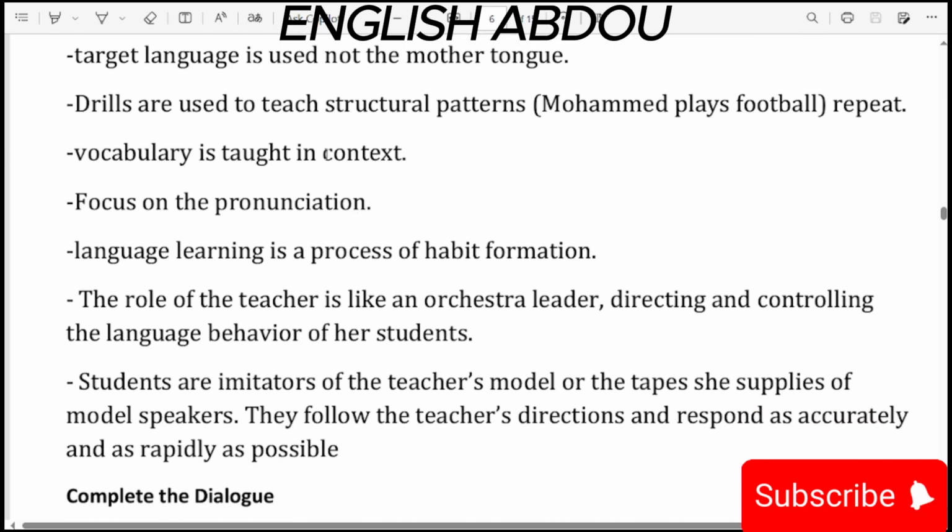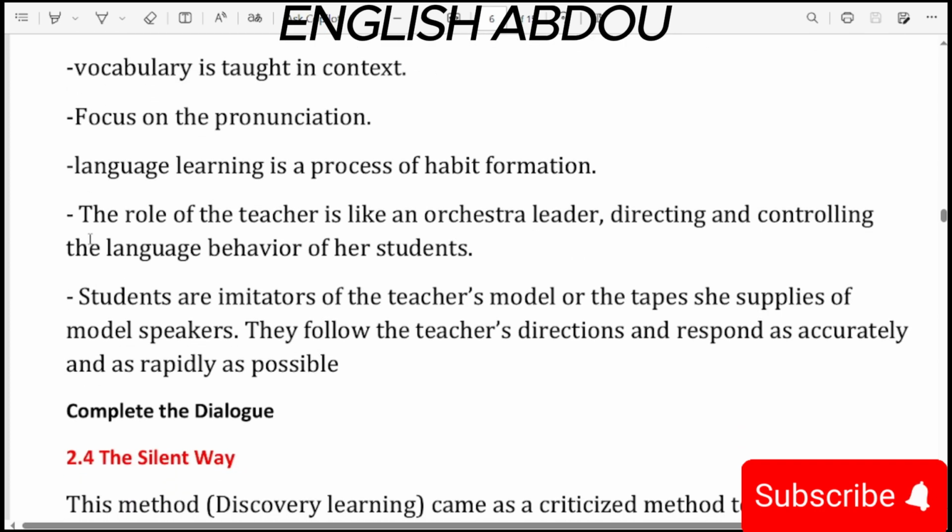Vocabulary is taught in context, so any vocabulary a teacher gives, he gives it in a context in order to understand it inside the context, without translation, and so on and so forth. Focus on the pronunciation. When a student makes a mistake in pronunciation, the teacher tries to correct it.